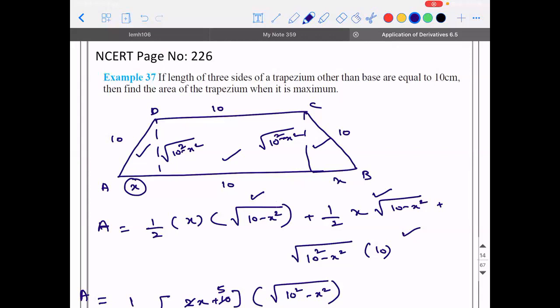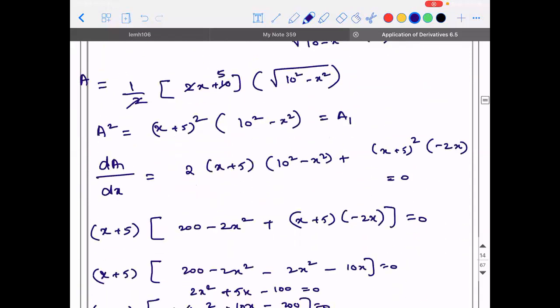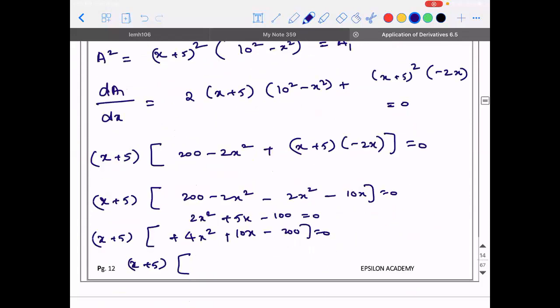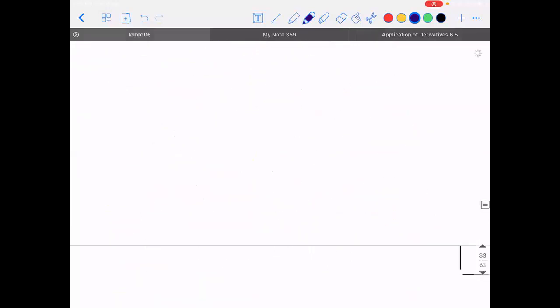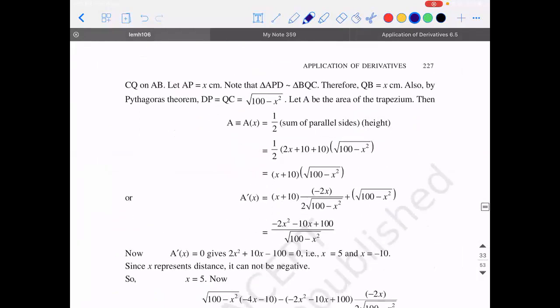Not sure what went wrong. Sir, our NCERT should be wrong, sir. That's not possible. How did they get 2x plus 20?